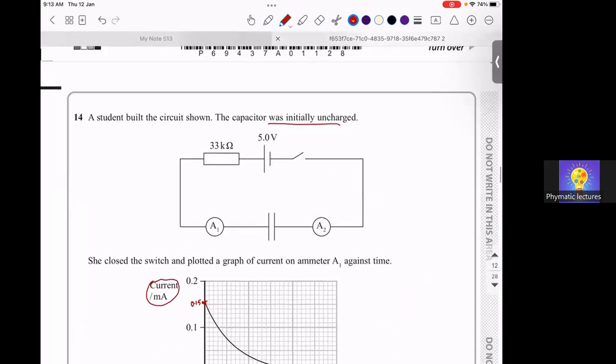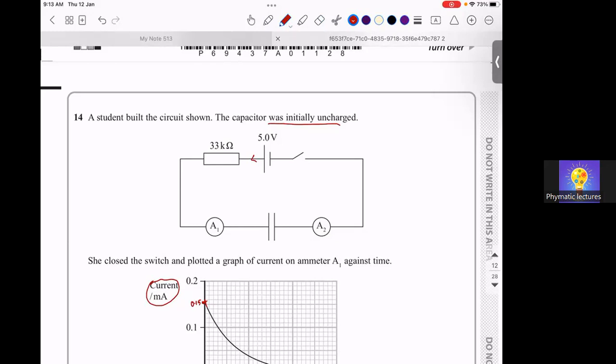When the switch is closed, the current will start flowing through the resistor. Initially maximum current flows, and since it is connected with a capacitor, after some time the current flow decreases as the capacitor is charging.